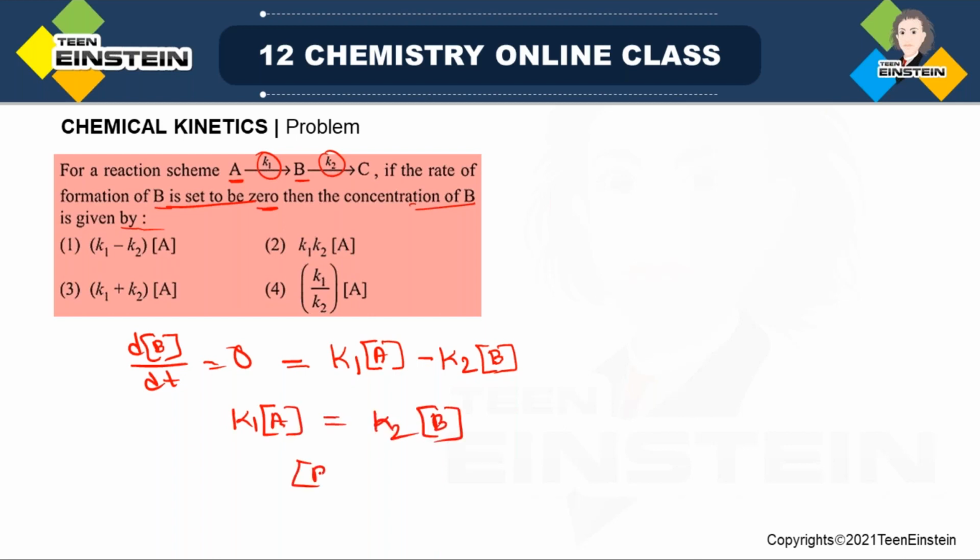So finally the concentration of B is K1 by K2 times A, and it is matching with which option?